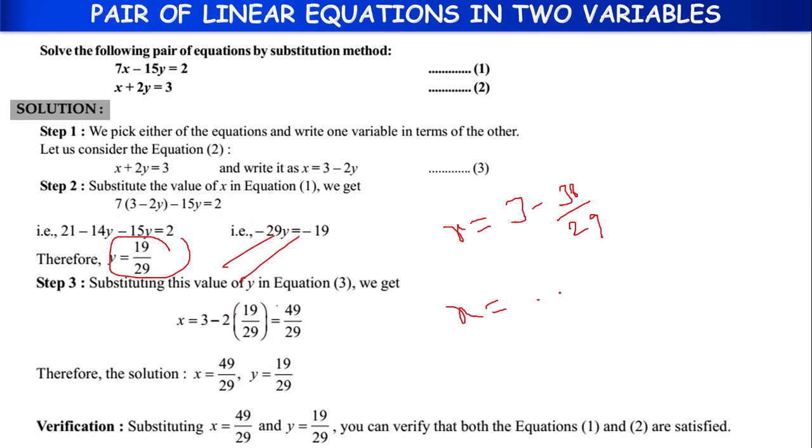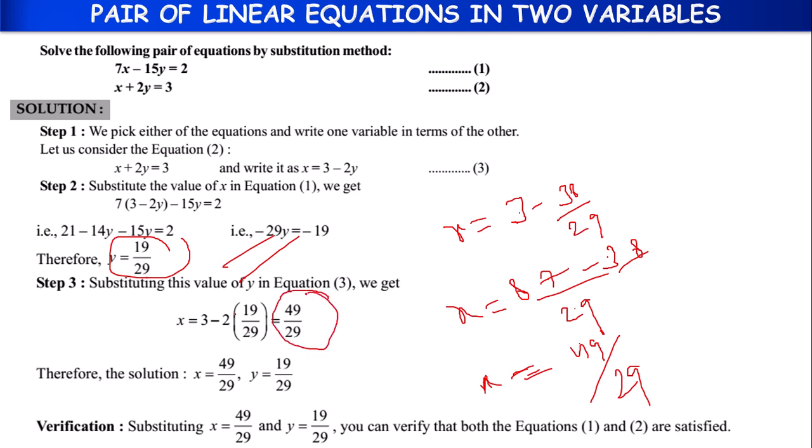If we take LCM, LCM is 29. 29 times 3, 3 nines are 27, 3 twos are 6 plus 2, 8, 87 minus 38. So x equal to 87 minus 38, which is equal to 49. In the denominator we have 29. So x value is 49 by 29.